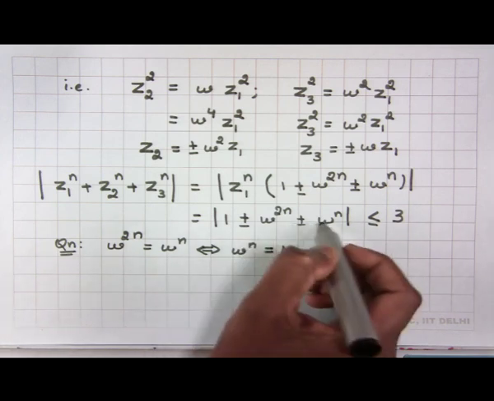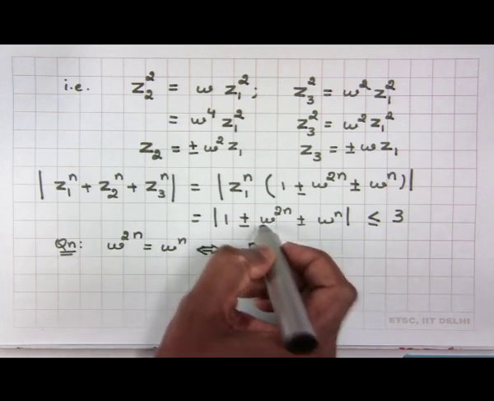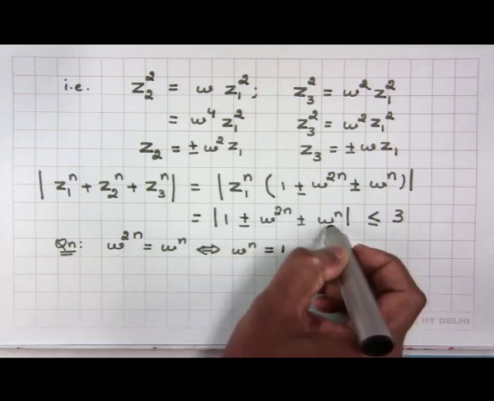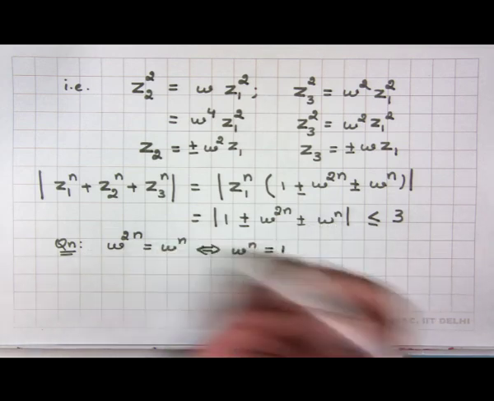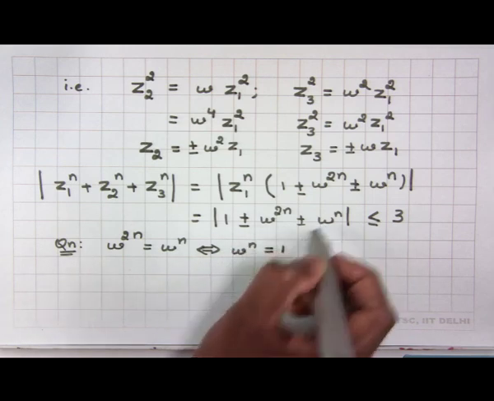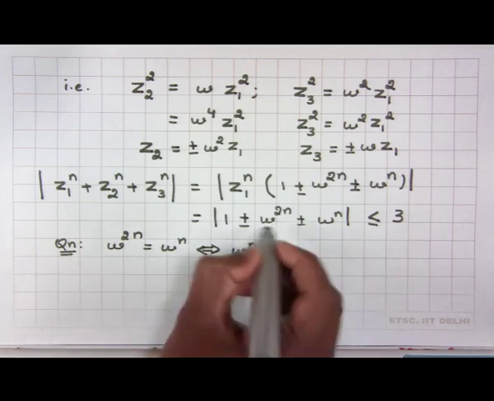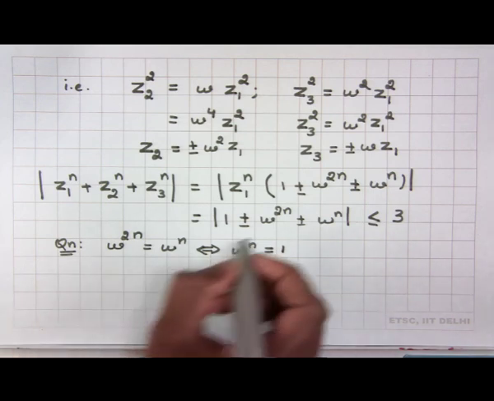Otherwise you always get a different element; for example you may get omega square, in which case you get omega or 1. Similarly, there will not be any equal element if n is different from a multiple of 3. So with this observation we see that we get only limited possibilities here.